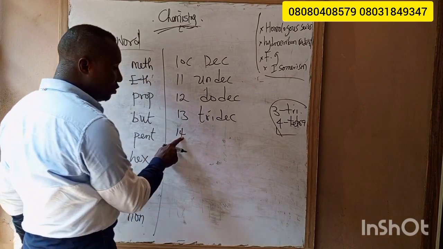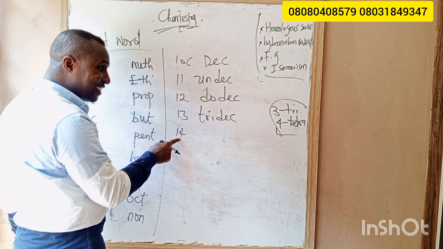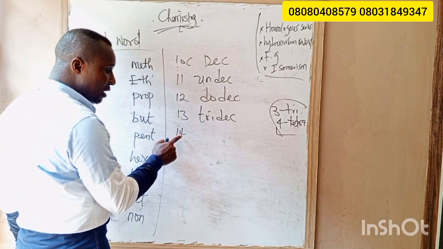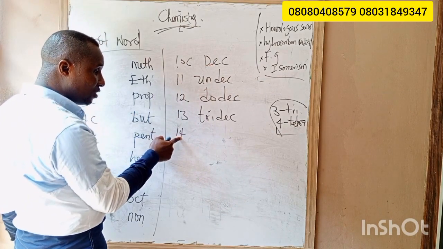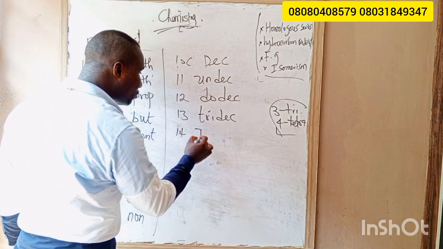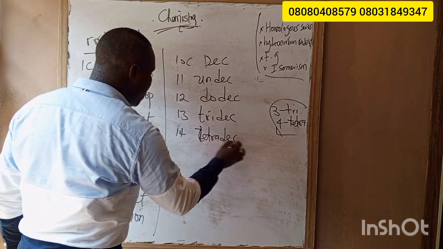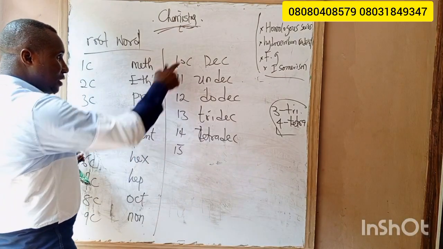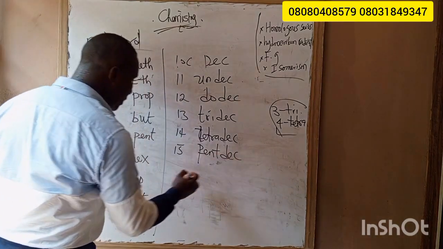For 14, 4 is tetra and 10 is dec, then 10 plus 4 is 14, so we have tetradec. 15 is pentdec, because 5 means pent plus 10.